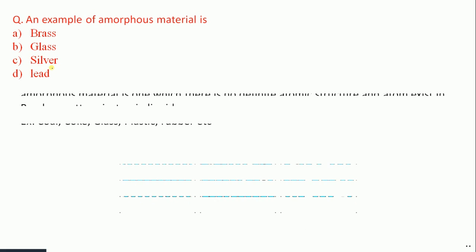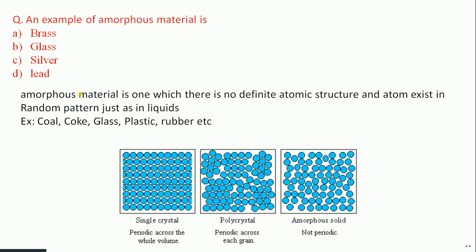An example of amorphous material is: brass, glass, silver, lead. Amorphous material is one in which there is no definite atomic structure and atoms exist in a random pattern, just like in liquids.